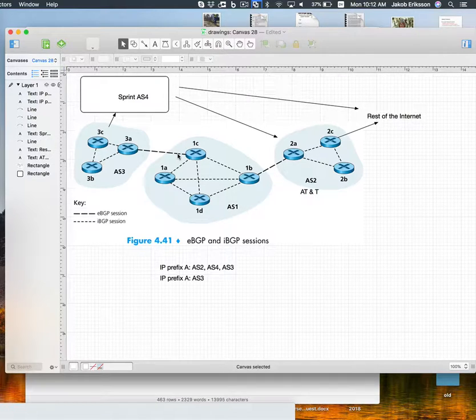So picking this is really not an obvious choice, especially when you're not given any real cost information. And I think one reason why we're not given any cost information is that users inside of AS1 should not base their decision on the costs incurred at some other network.